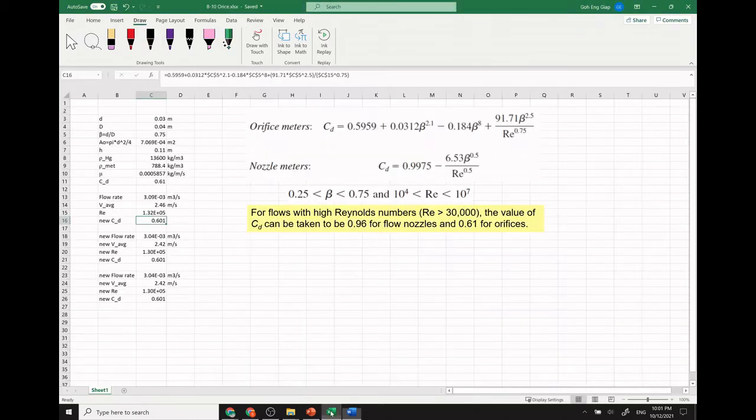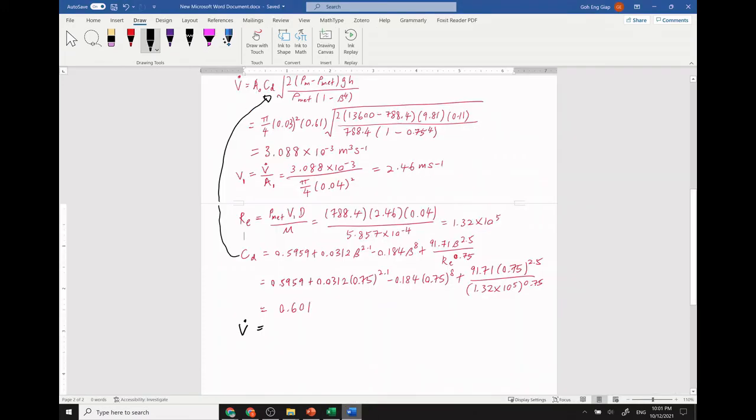So what we do, we recalculate. Okay, we use this CD value, we place it back into the flow rate equation and calculate the flow rate again, and we get 3.04 10 to the power negative 3 meter cube per second.